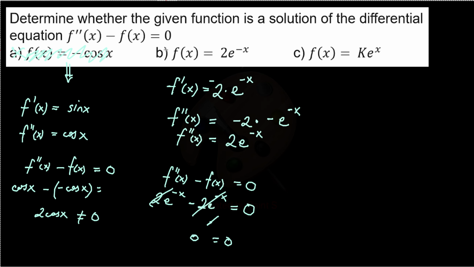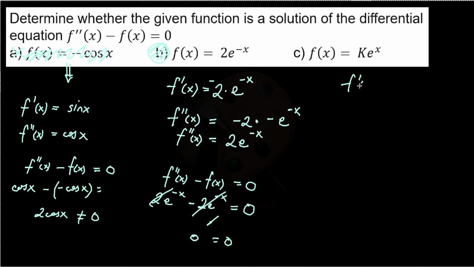So this is a solution. Now the question being asked here is whether this next one is also a solution, because there could be more than one that solves the differential equation. There could be multiple solutions for one differential equation. So let's check to see if this is also a solution.